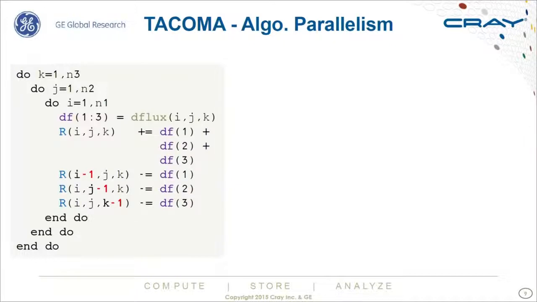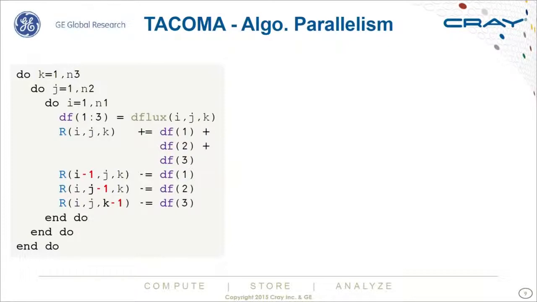So we'll look at the original loop structure. This is simplified, but really the idea is that we're computing this df, this deflux. It's 3 values. And then we're going to apply this deflux, this df, to this result array R. So we'll add the values to some positions and subtract from some other positions.